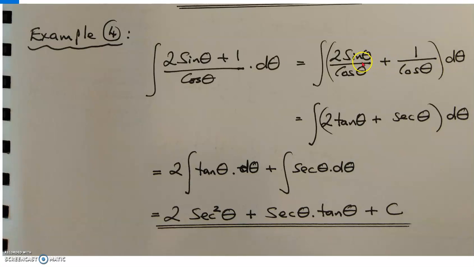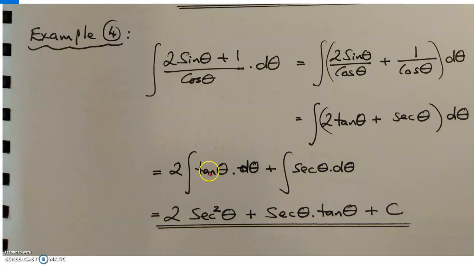Now, of course, sine over cos is really tan. So we're really being asked to integrate 2 tan theta plus, now 1 over cos is sec theta. So we can do the integration separately. We can integrate 2 tan theta d theta and integrate sec theta.